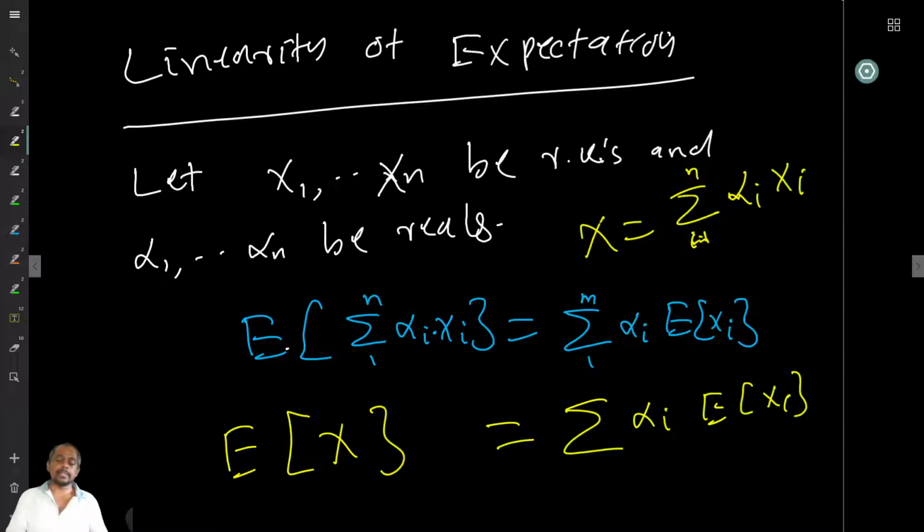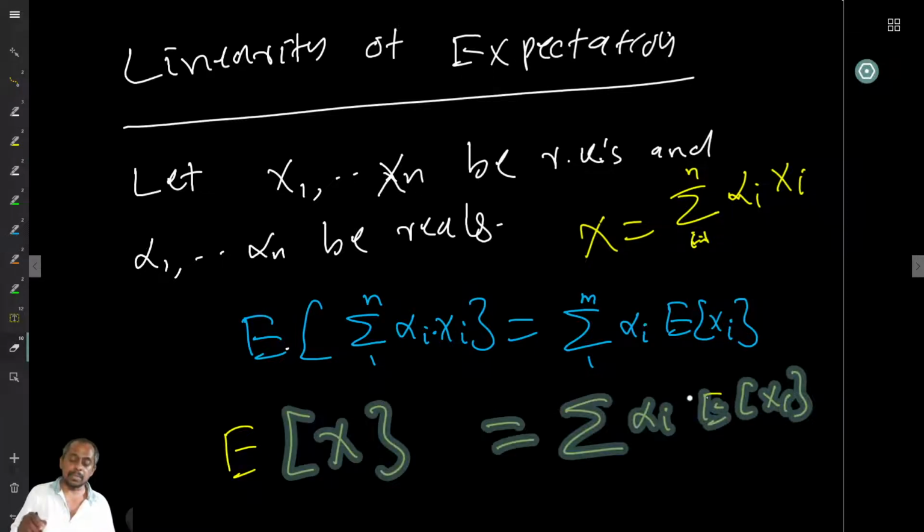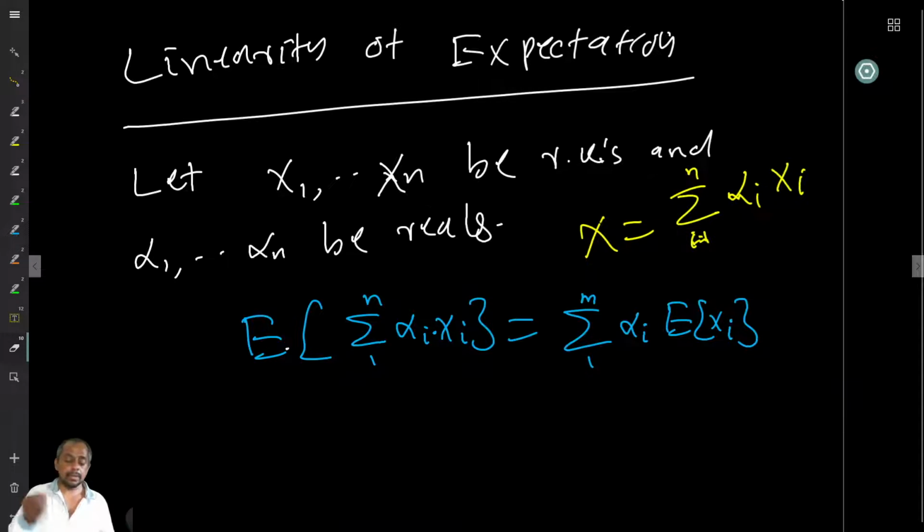So you are saying that it satisfies the linearity condition, right? Basically you can take out the alphas, take the expectations, take the product, so alpha times expectation, and take the sum over all of these. This is called the linearity of expectation. This property is very, very useful. We are going to use this to prove some interesting results.